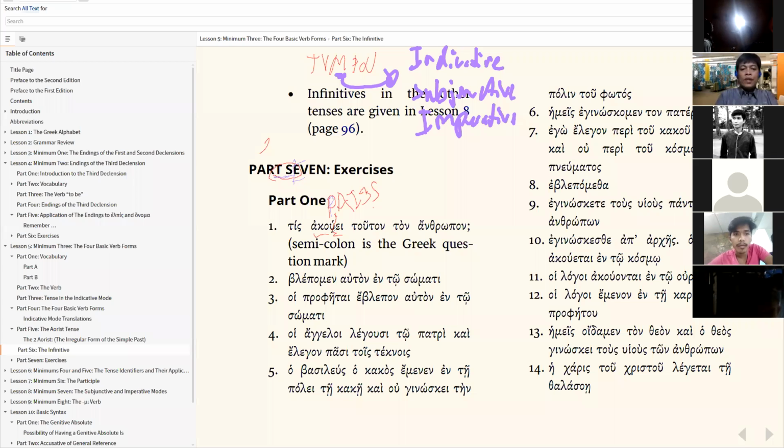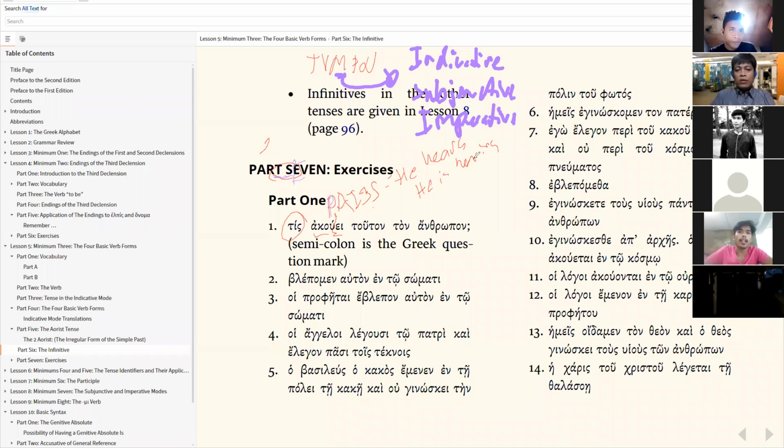So we know this one, right? How will we translate akouei? He hears, or he is hearing.